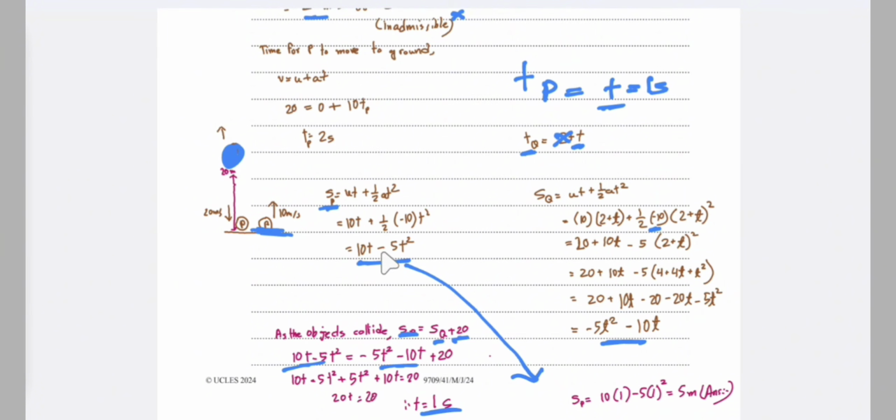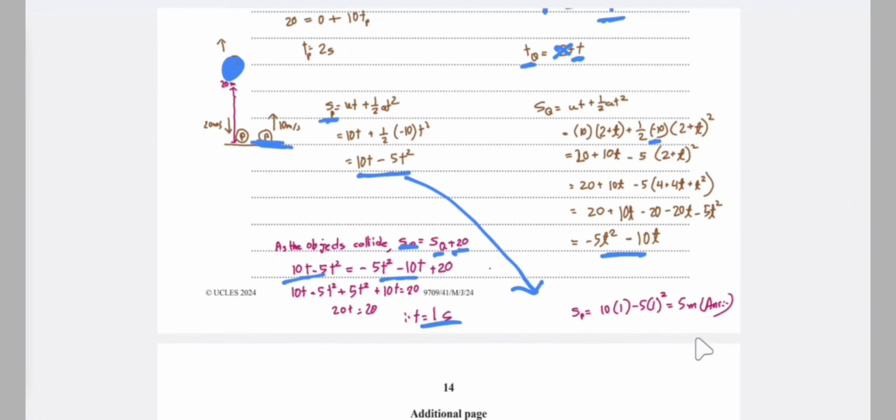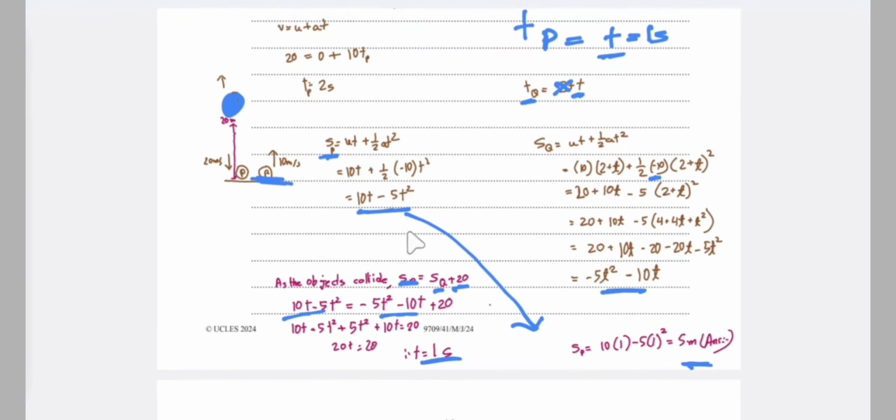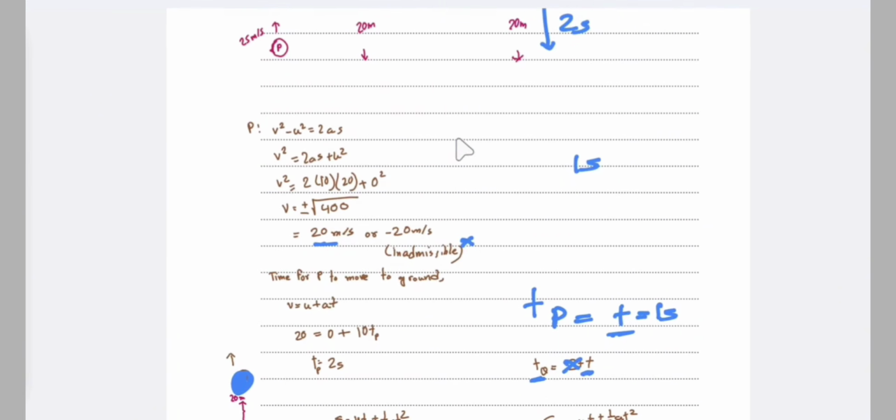So we have to use the equation for P to find the value of distance, that is 5 meter. So the next collision occurs at a height of 5 meter above the ground.